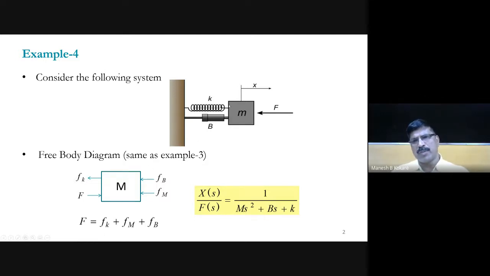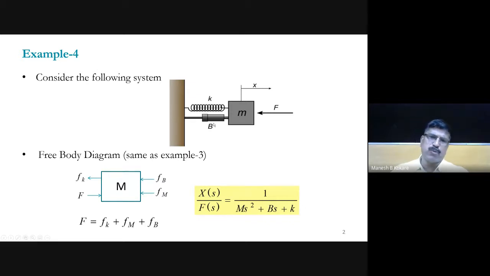On this mass element, there will be an applied force F. Suppose it is in this direction, then definitely there will be an opposite force offered by this mass element, opposite to the applied force. Fm is the reactive force offered by this mass element.